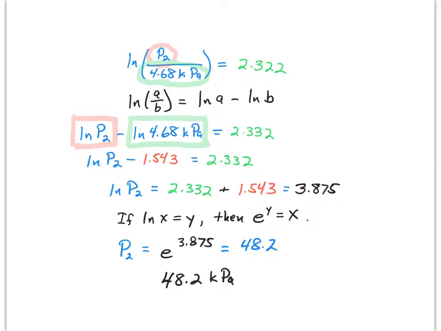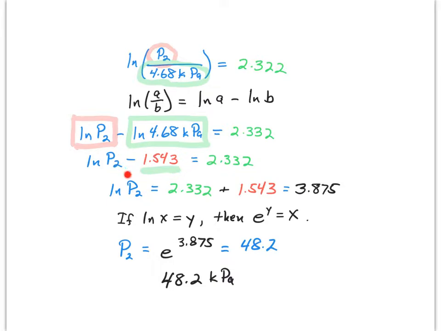Right? So now we can evaluate that natural log and get a number. Right? So now we have that the natural log of our second pressure minus this number we just found as the natural log of this is equal to this number, 2.332.